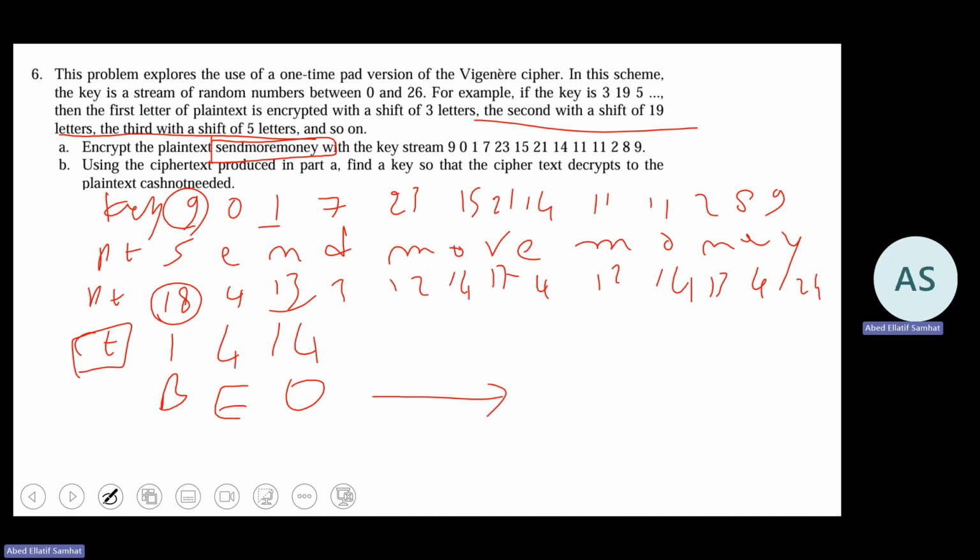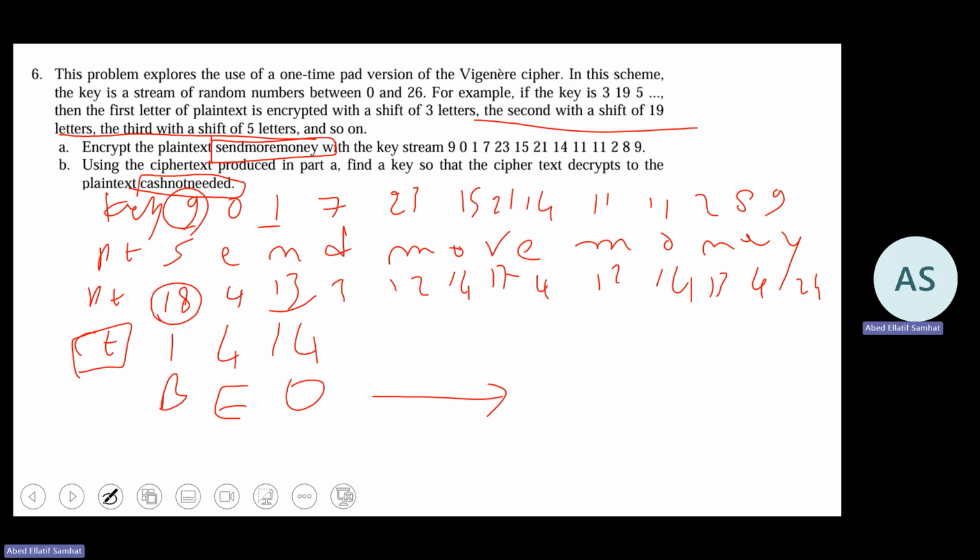So using the ciphertext produced in part A, find the key so that the ciphertext decrypts to the plain text cash not needed. So here you should decrypt, having a ciphertext and a plain text.